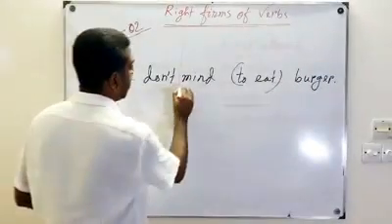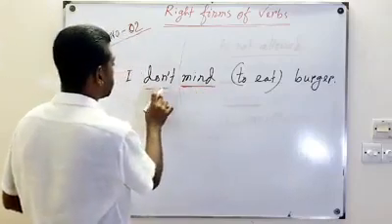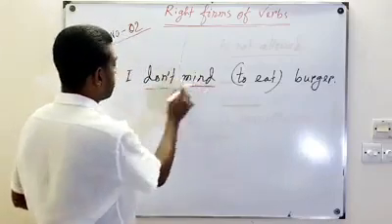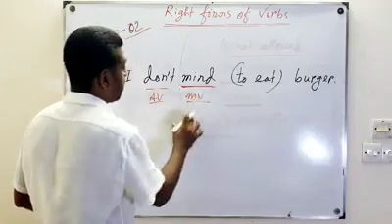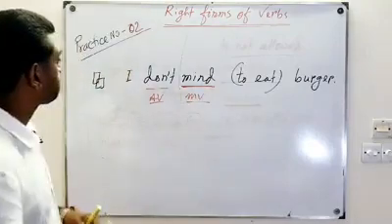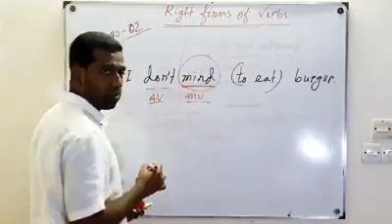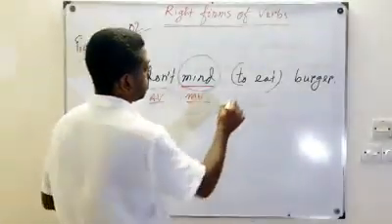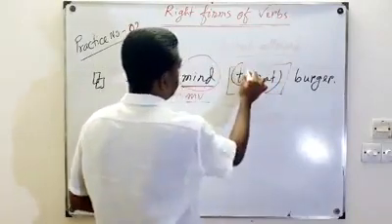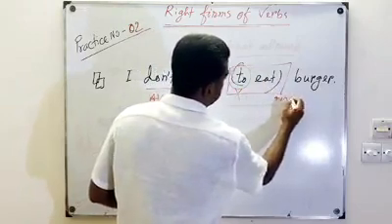Let's diagnose at first. So we see "mind", this is a verb. "Don't" is the auxiliary verb, "mind" is the principal verb. AV and MV, main verb, right? So our focus is on "mind", right? The answer will be: "to" will be removed and "eat" plus ing.